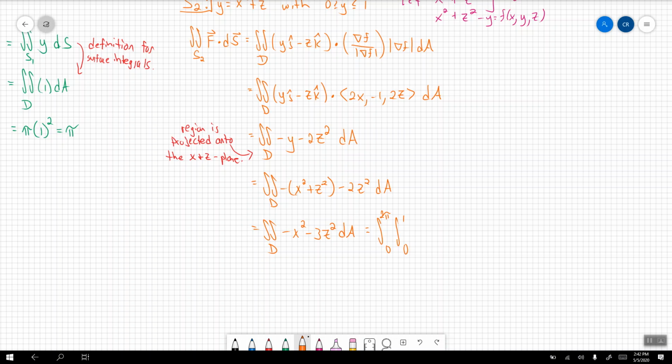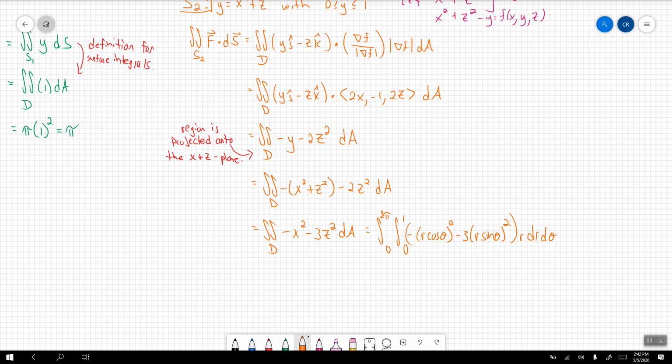The x component, I can consider as r cosine theta squared minus 3, the z component is r sine theta squared, and then I still need my r dr d theta, because we went from Cartesian over to polar coordinates.